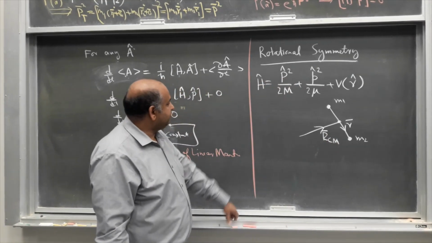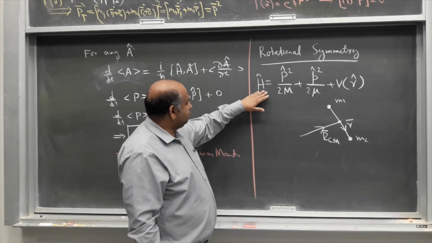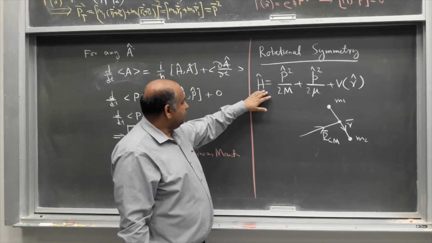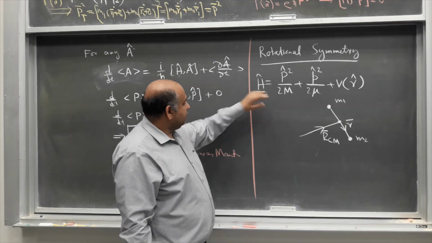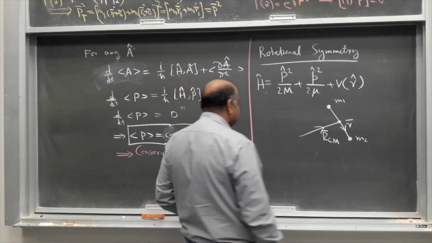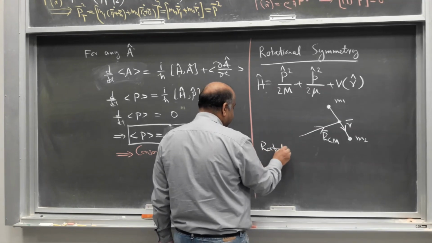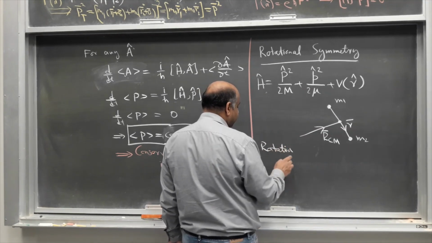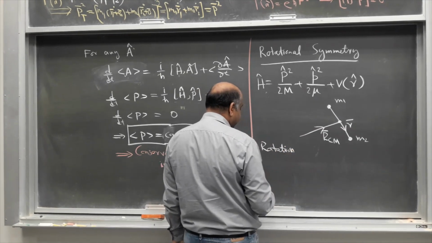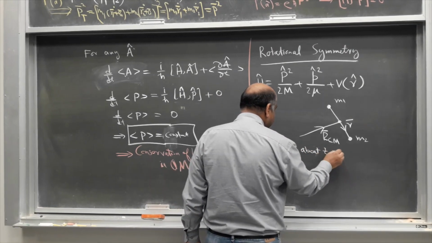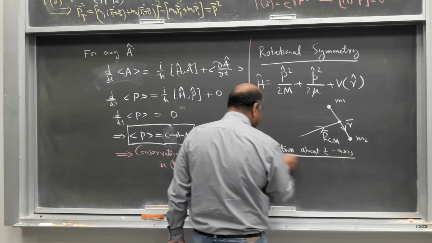So let's see if this Hamiltonian commutes with some rotational operator or not. For that, let's choose the z-axis as the axis of rotation, and then we can generalize to any axis later on. So rotation about the z-axis.